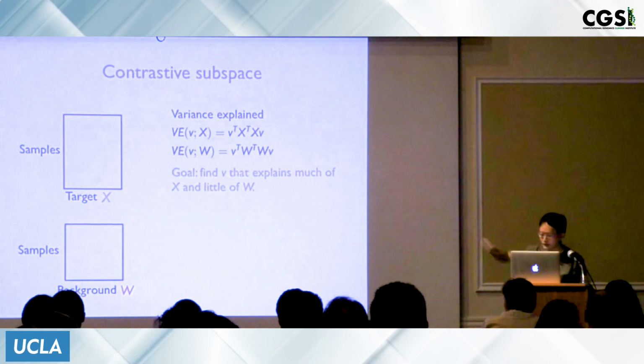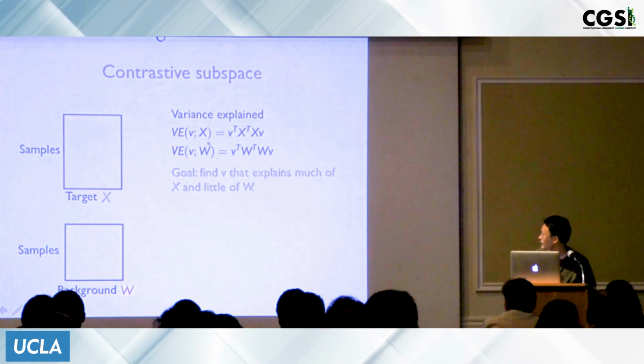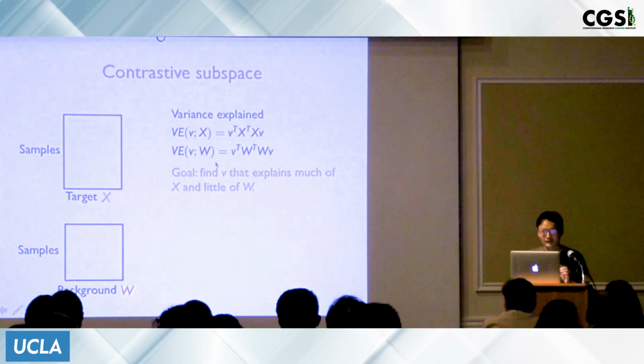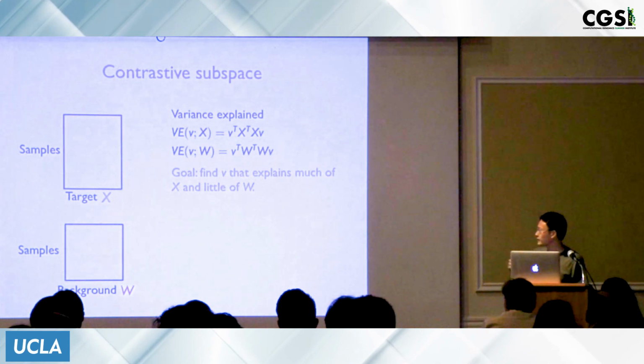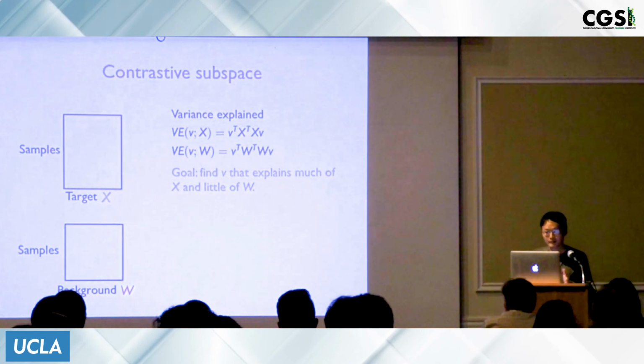That's the first equation, this equation here. The second equation is how much the same direction, the same subspace, explains of my background data. Intuitively, my goal is to find subspaces that explain as much of my foreground as possible and as little of my background as possible.